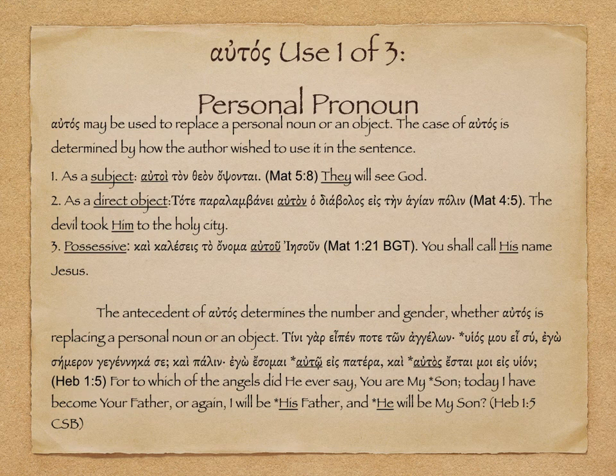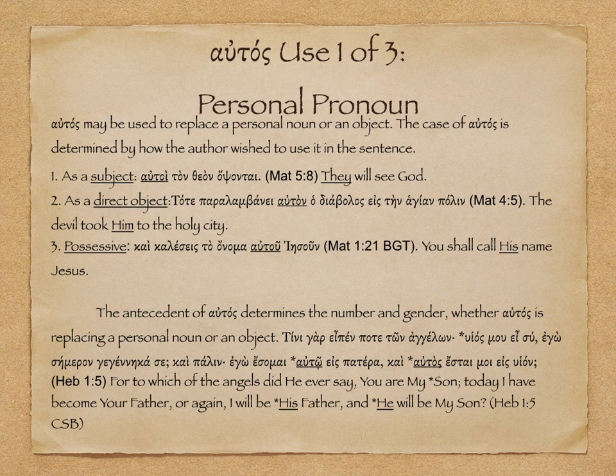Autoi ton theon opsontai. They will see God. Autoi. How would you parse autoi? Yes, nominative, masculine, plural from autos, meaning they. Here's a subject. Nominative is always the subject.